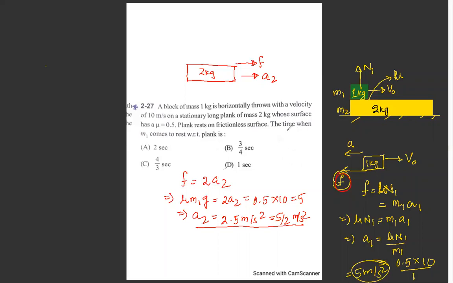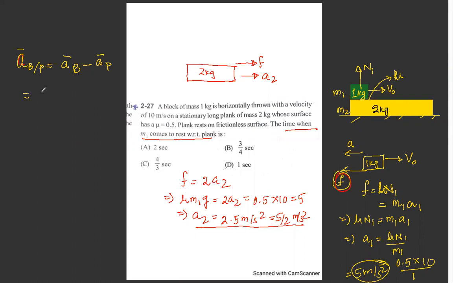The question asks for the time when M1 comes to rest with respect to the plank. That means we have to find the acceleration of M1 with respect to the plank. So I'm going to write the acceleration of the block with respect to the plank is equal to the acceleration of the block minus the acceleration of the plank.